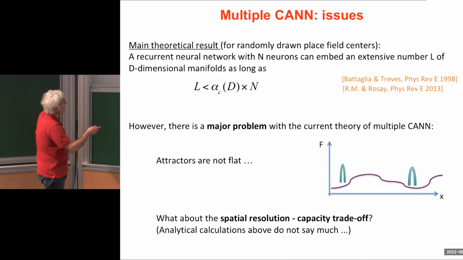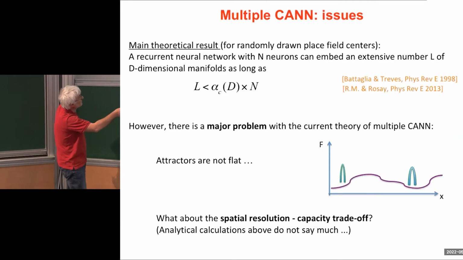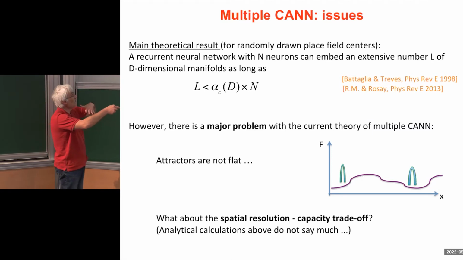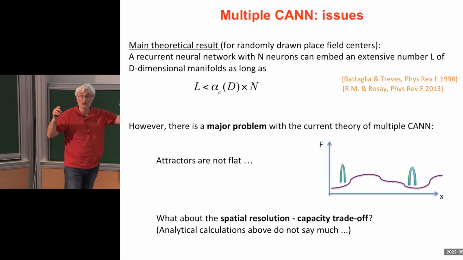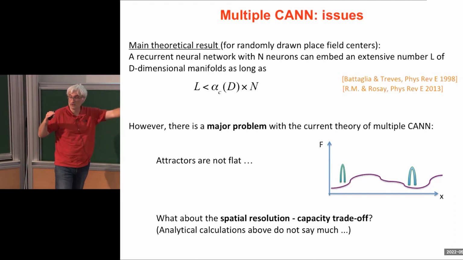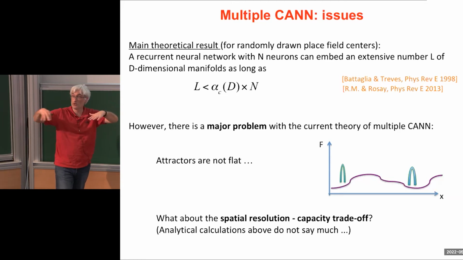And the truth is that this is not going so well here. This is not what is going on, because if I look at my effective landscape as a function of the center of a bump in one environment, then this is not flat at all. This is not invariant under translation, as it used to be in the case of a single environment due to the invariance by translation of the interaction, simply because the other maps I am trying to encode in the other submatrices are creating some noise.